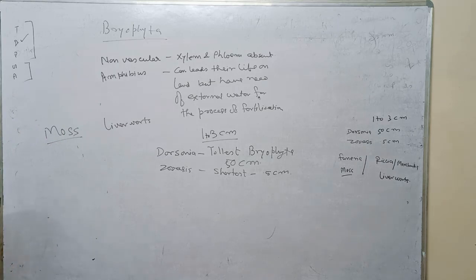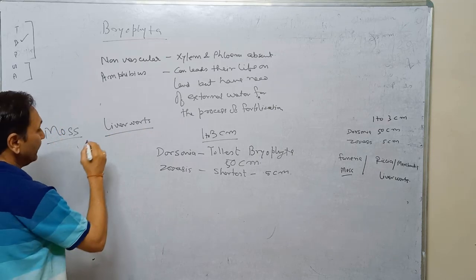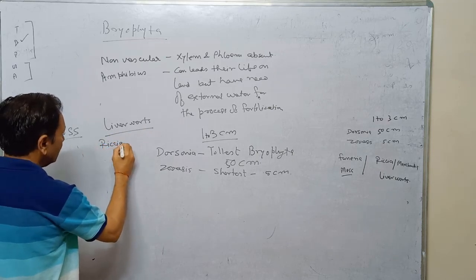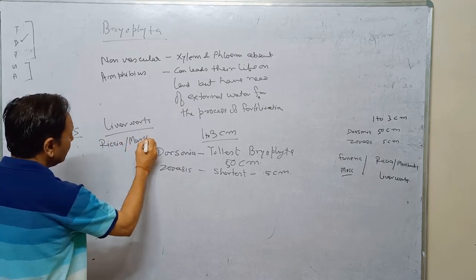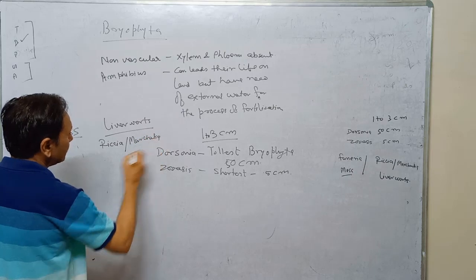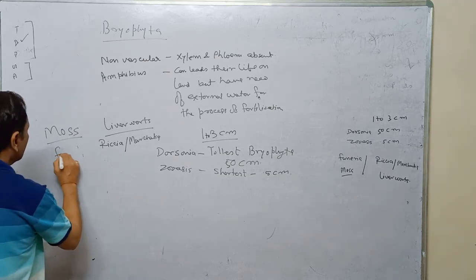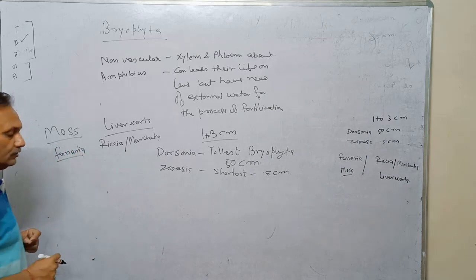The liverworts are primitive bryophytes. They include Riccia and Marchantia, whereas Funaria is under the moss.